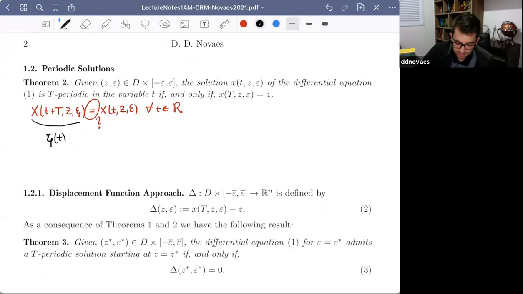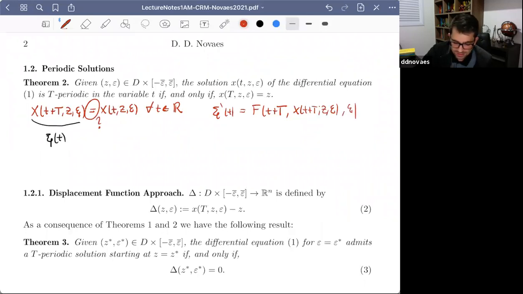First we compute the derivative of C. It's just the derivative of x(t + T, z, epsilon), so since x is a solution of our differential equation, it's equal to F(t + T, x(t + T, z, epsilon), epsilon).